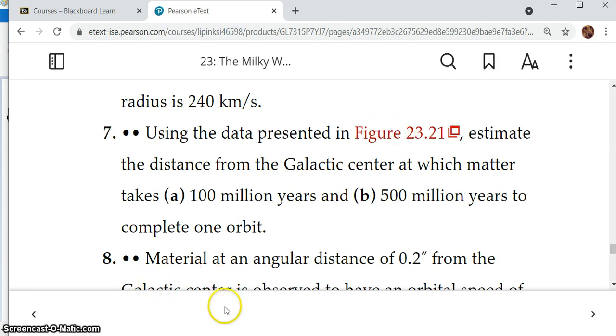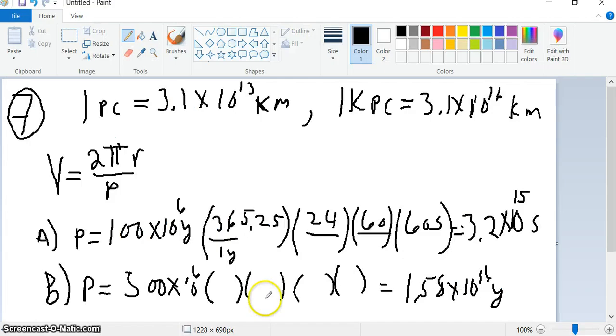Of course, we need some conversions. 1 parsec is 3.1 times 10 to the 13th kilometers. But more importantly for this problem, 1 kiloparsec, multiplying both sides by 10 to the 3rd, is 3.1 times 10 to the 16th kilometers.